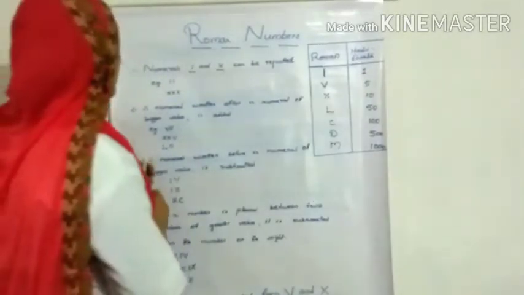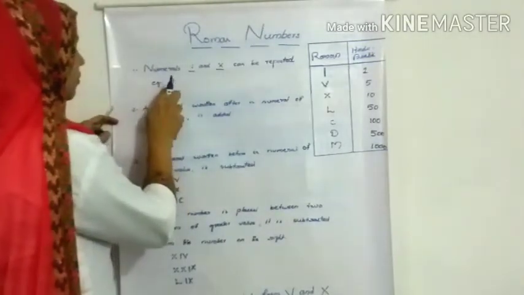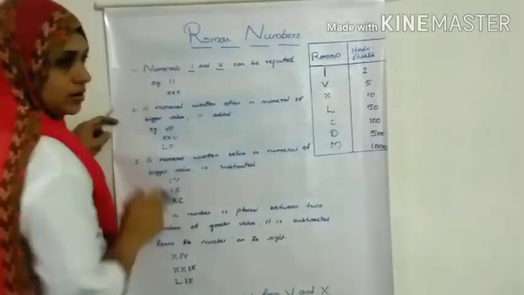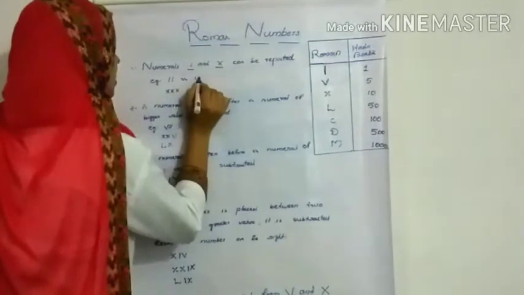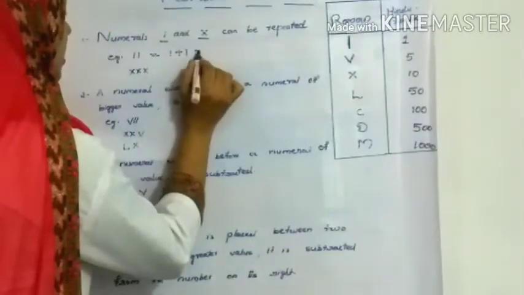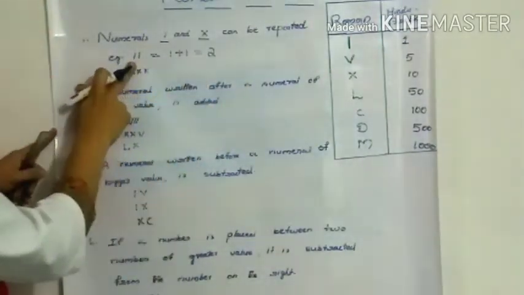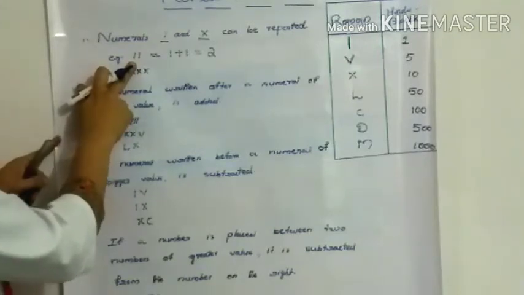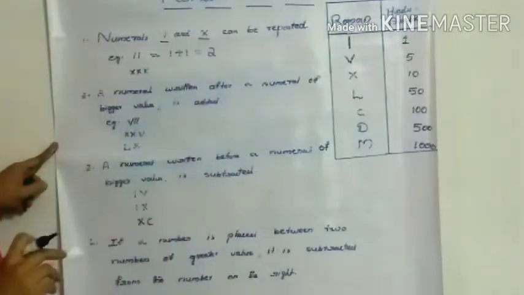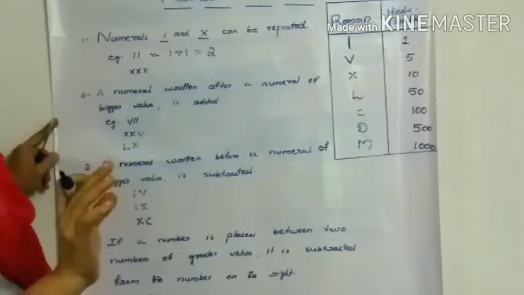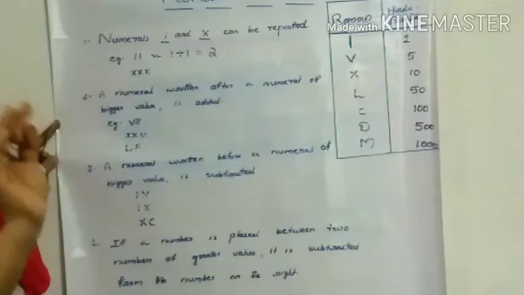Example: if we write II, we can say that this is 1 plus 1, that is 2. For representing 2, we can write it in Roman like this. But the maximum number of repetition is 3 times.